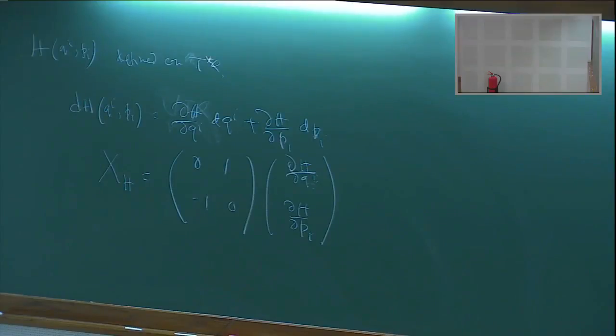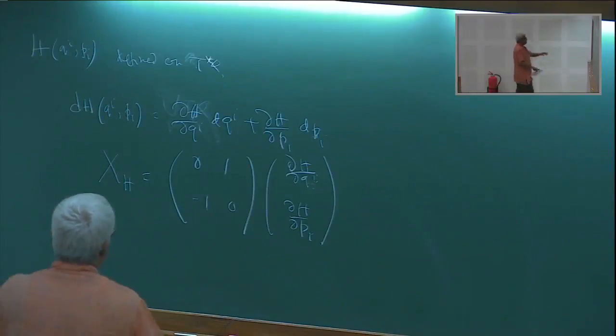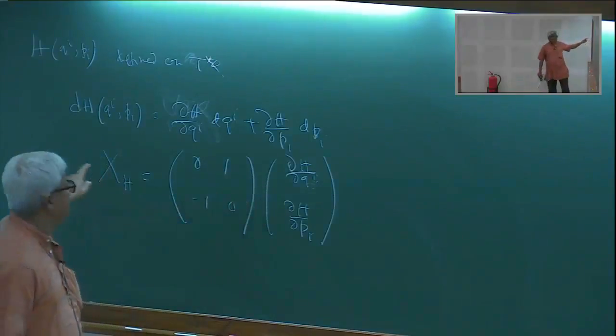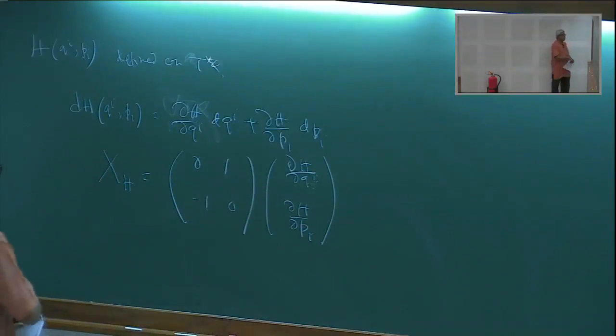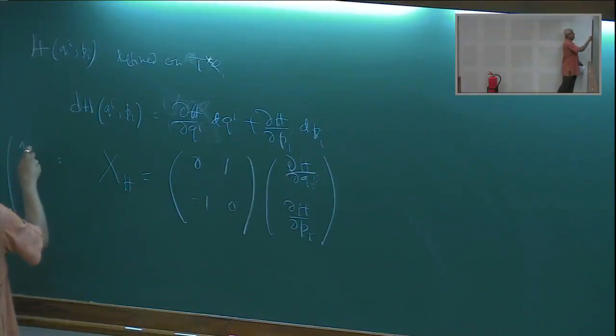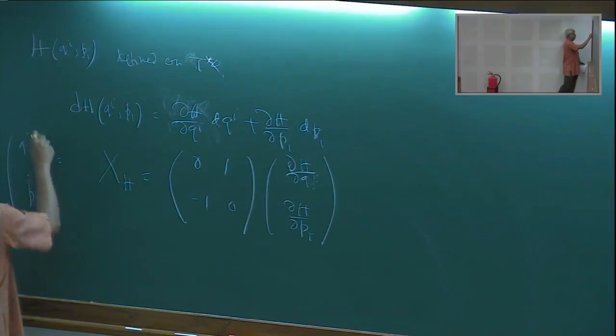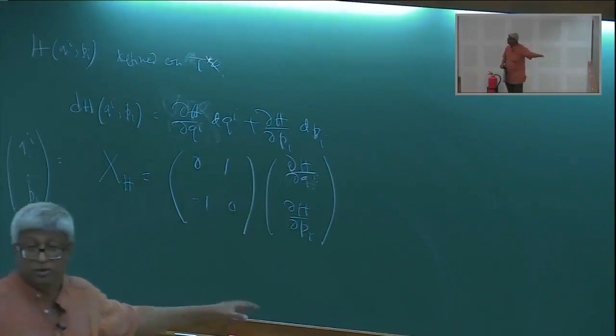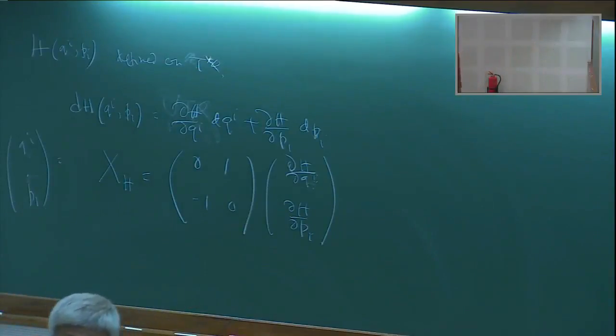Is it okay? Because you see, this is your favorite J, this is grad H, and if you take into account q_i dot and p_i dot, so this is basically the equations. So the right hand side, you were saying, is the vector field.